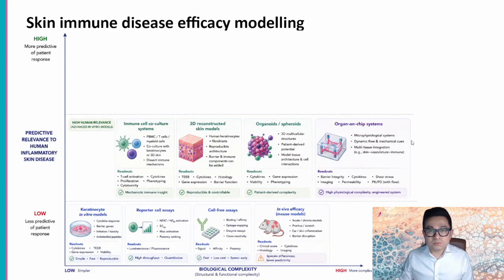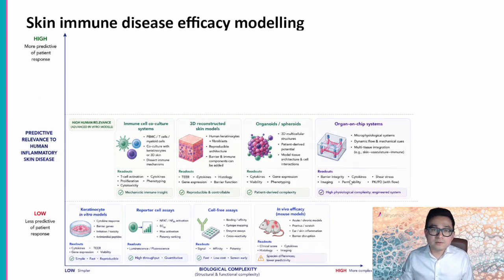One step up, we have immune cell co-culture systems, which can predict interaction between different immune cells with keratinocytes. 3D reconstructed models are reproducible for a very narrow marker set, and the same for organoids. And all of this culminates in complexity with organs on a chip.